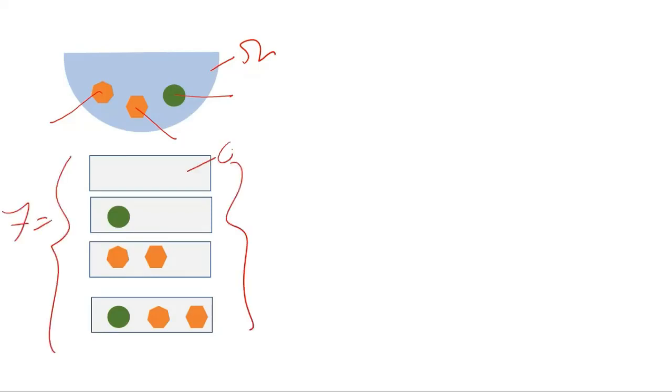One is the empty set, which does not have any marble. This includes the picking of a green marble. This includes picking up an orange marble, and this is the complete Omega, because you have to include that as a condition on a sigma algebra. So it has 4 elements in it. And this is a sigma algebra because you can prove that union and intersection also belong to the sigma algebra.